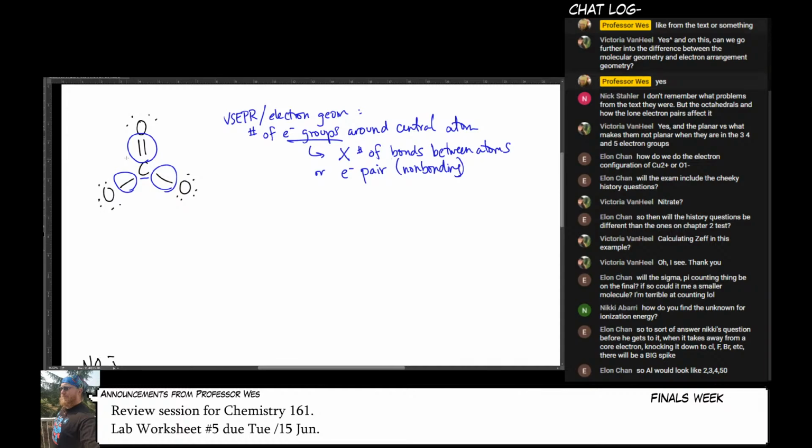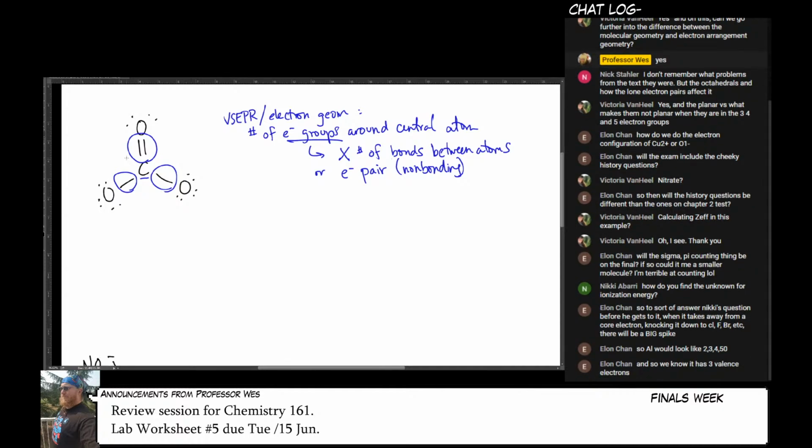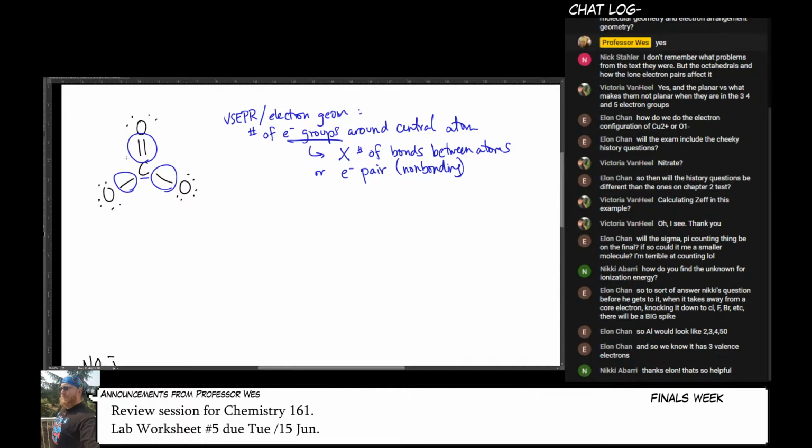And now that you've seen chapter 5, you can understand why we count a double bond as 1 electron group, because the sigma bond is the electron density directly between the atoms, and then the pi bond is parallel to it, going around it. So it occupies the same physical space in terms of its orientation around the central atom.